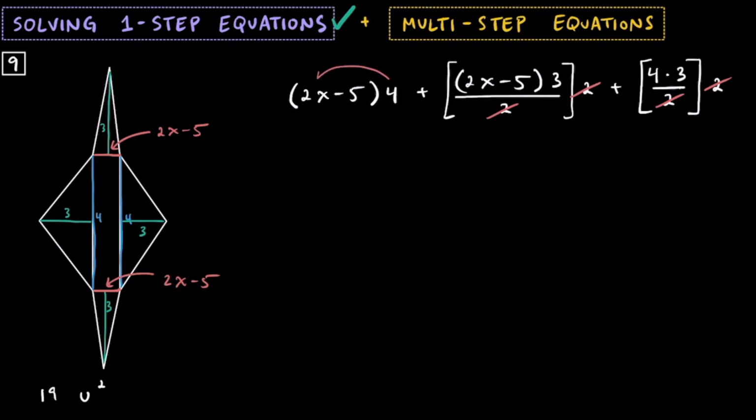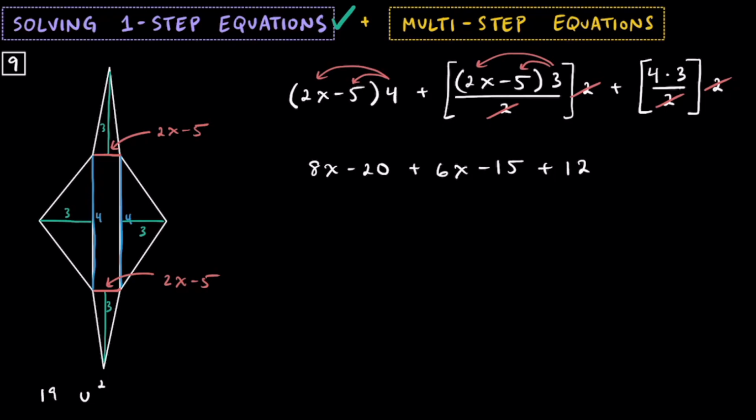Then if we distribute, that's going to be 8x minus 20 plus, and distributing here, 3 times 2x and 3 times minus 5, that's 6x minus 15, and then plus 4 times 3, which equals 12.